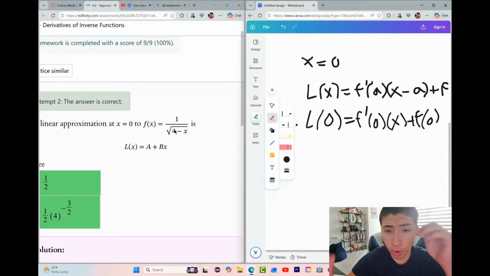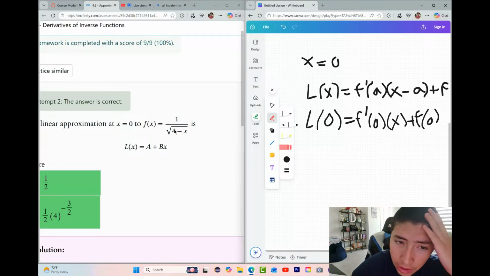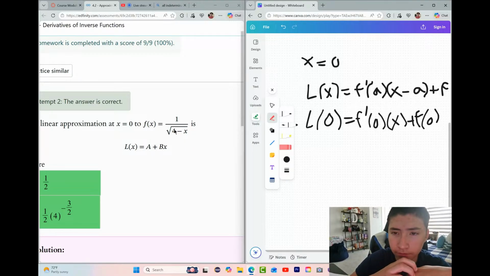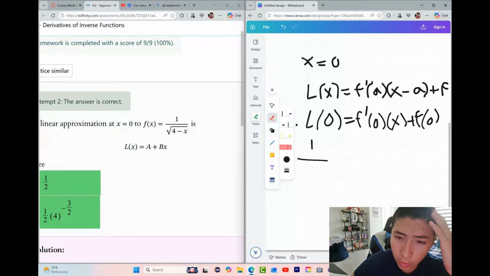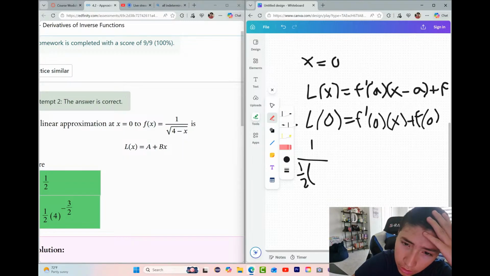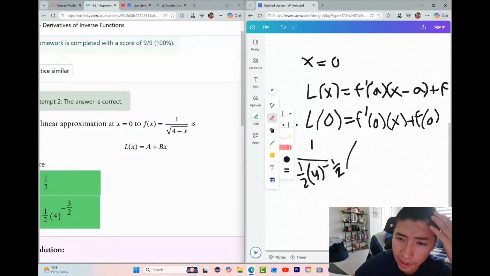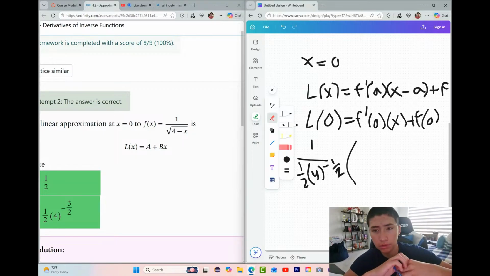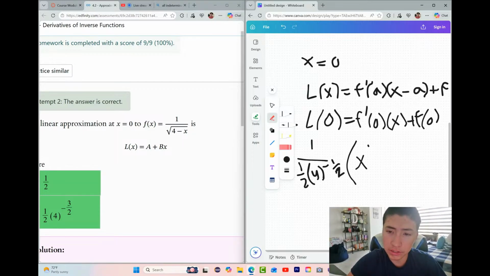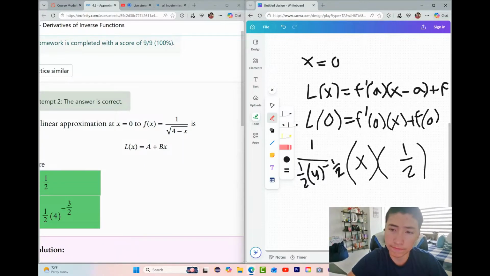So if this is our equation, then we get 1 over 1 half times 4 to the negative 1 half times x. And f of 0 is simply 1 over 2, I think.